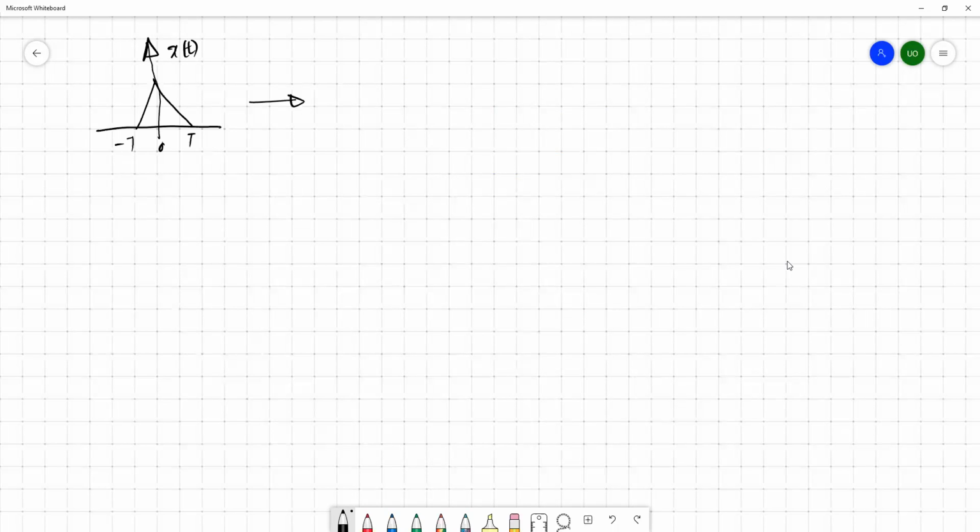You can generate a periodic function from this basic shape or basic pulse.